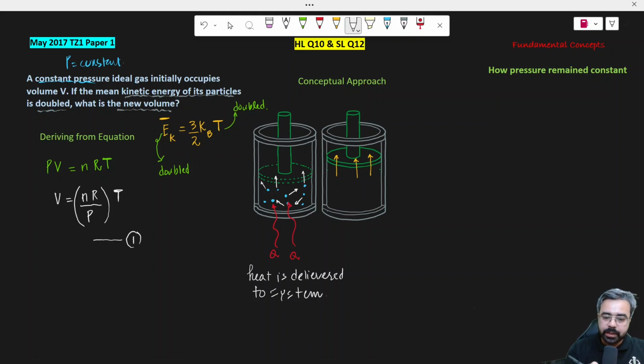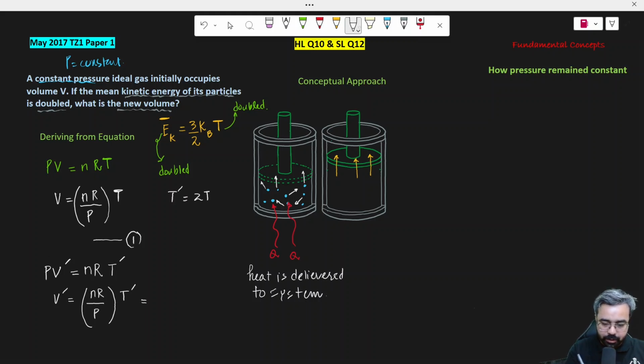After doubling the kinetic energy, I told you that the temperature will be doubled. The pressure is still the same. So the new volume V' is equal to nR over P times T', where n is a constant, R is the gas constant, and T' is the new temperature. You can put the value of T' here, which is 2T, because we have doubled the temperature.